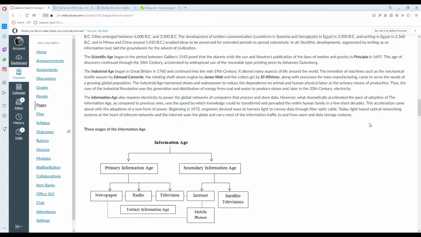This acceleration came about with the adoption of a new form of power. Beginning in 1972, engineers devised ways to harness light to convey data through fiber optic cable. Today, light-based optical networking systems at the heart of telecom networks and the internet span the globe and carry most of the information traffic to and from users and data storage systems.